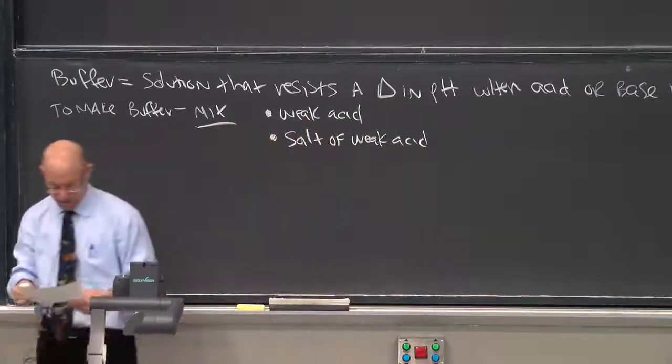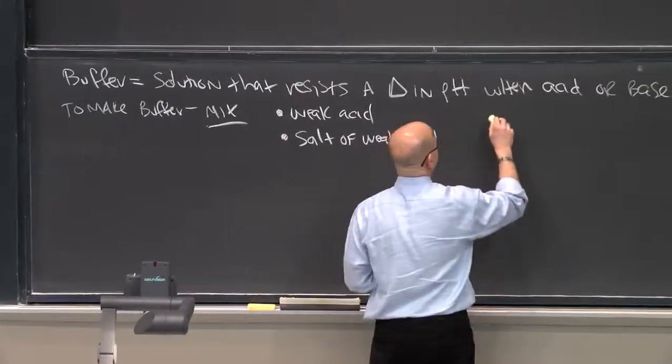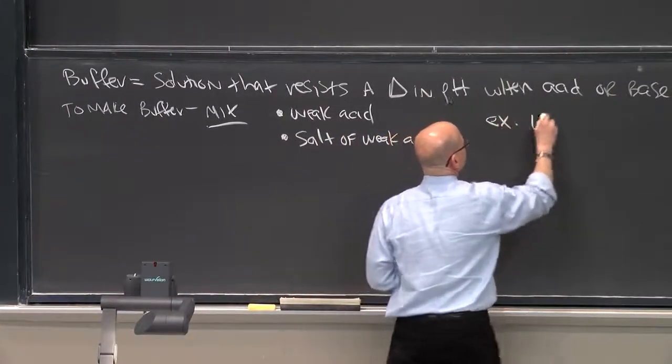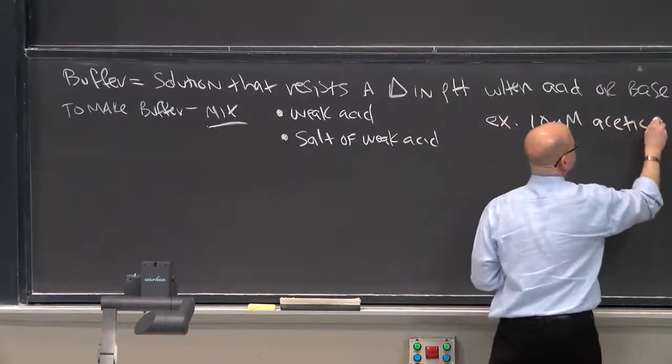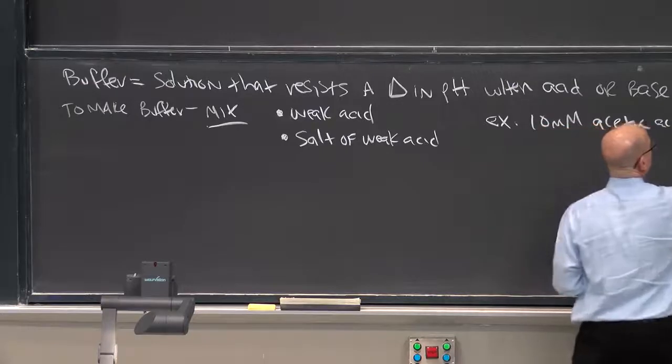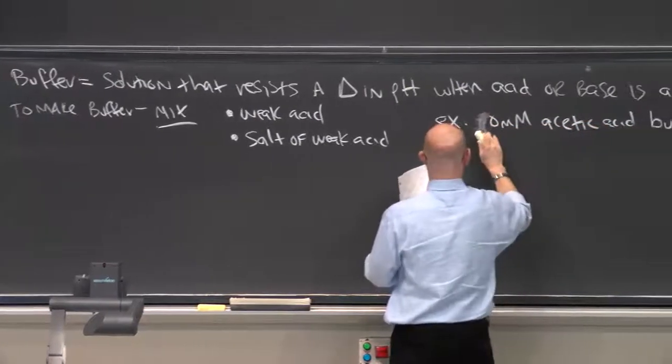As an example of this, let's make a solution of 10 millimolar acetic acid. Example, 10 millimolar acetate or acetic acid buffer. Sorry, I'm going to make it 20 millimolar.